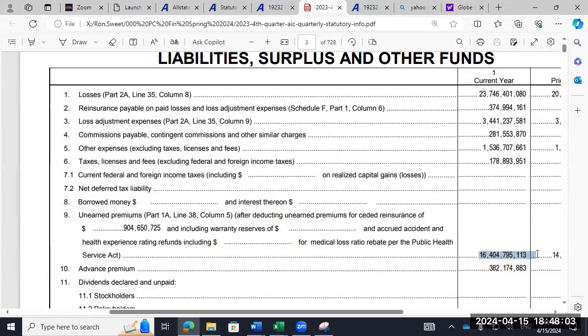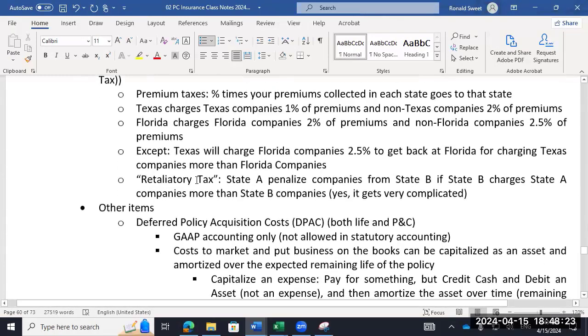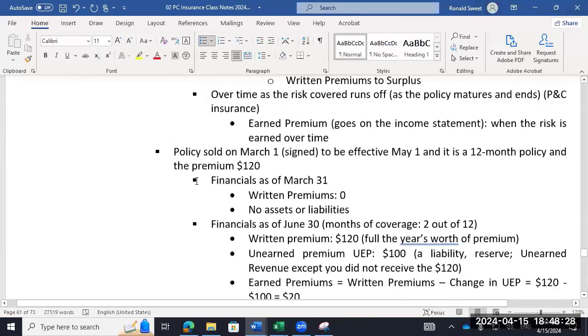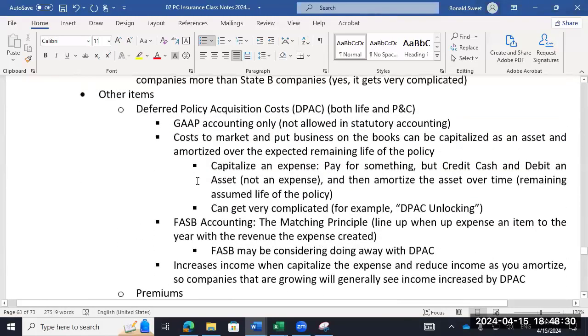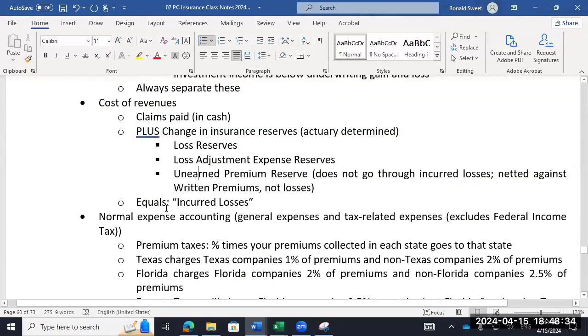Unearned premium. That's another reserve. What in the world are unearned premiums? Boy, this is a hard one to explain. I think I have it in my notes. So you're used to unearned revenues in normal companies. That's not what this is. I think I have it defined in here somewhere. So unearned premiums, I'll just have to tell you.